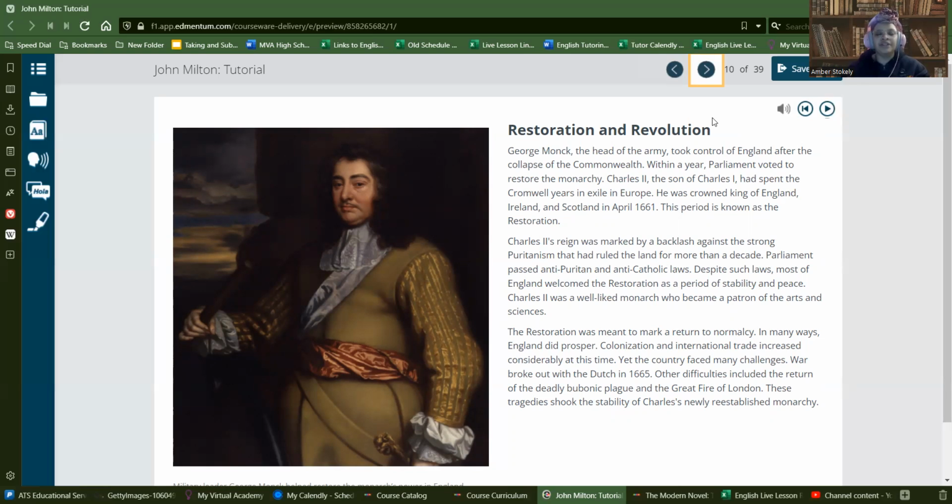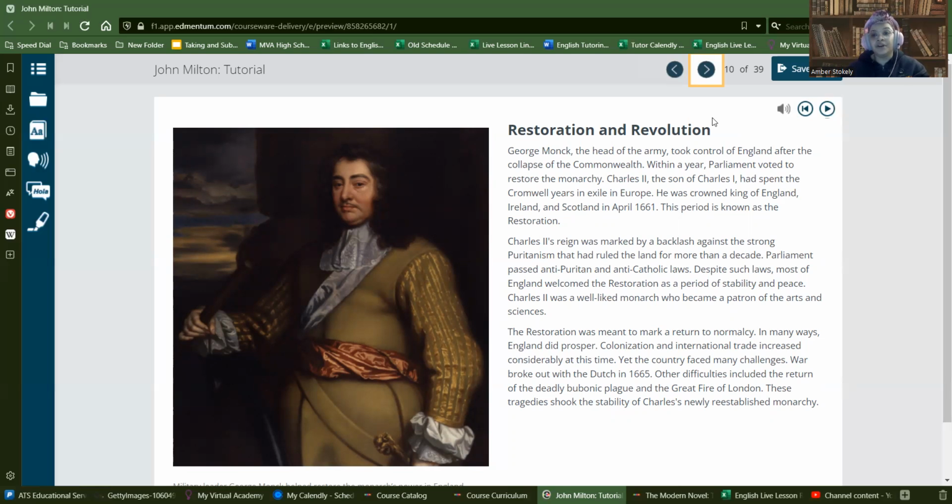They literally went to find Charles II, the son of Charles I, and asked him to please come back and be king again, which is a little funny. He was in exile after his father died. They basically said, don't come back here because we don't want you to potentially raise an army or try to change anything.